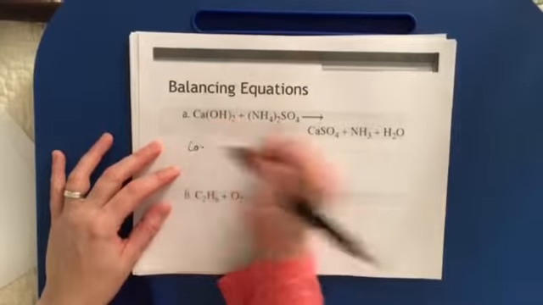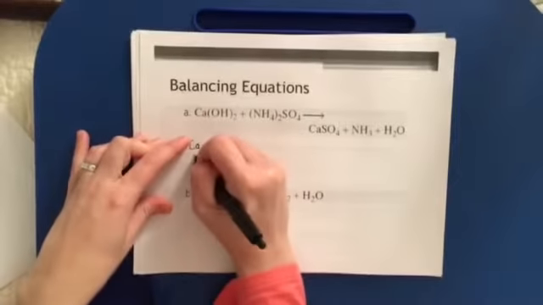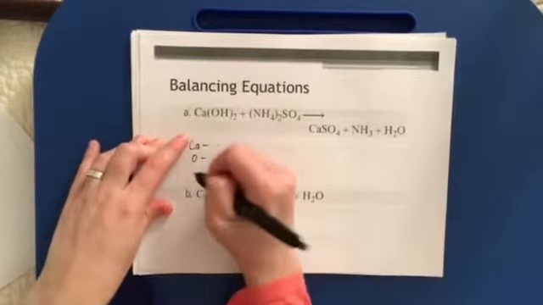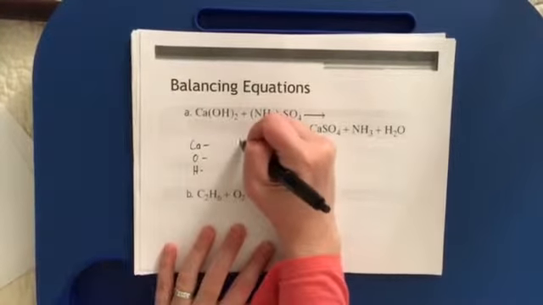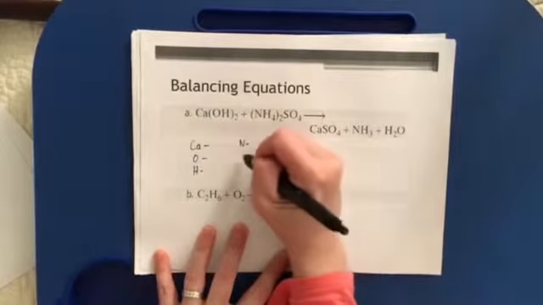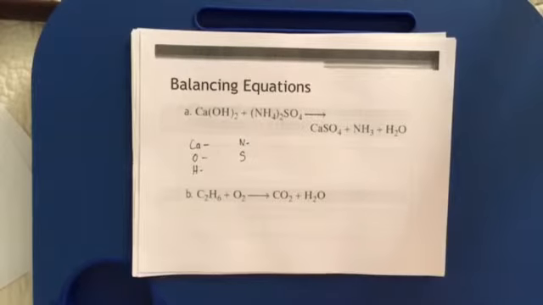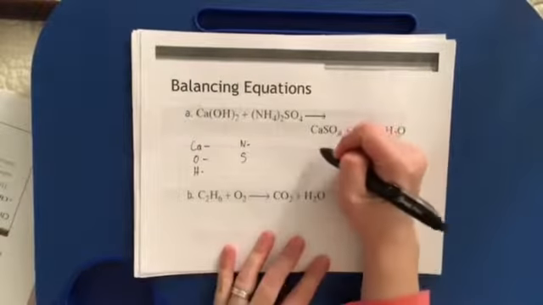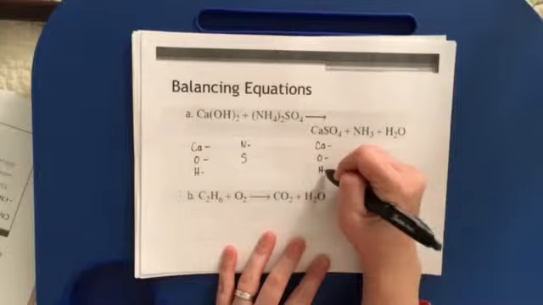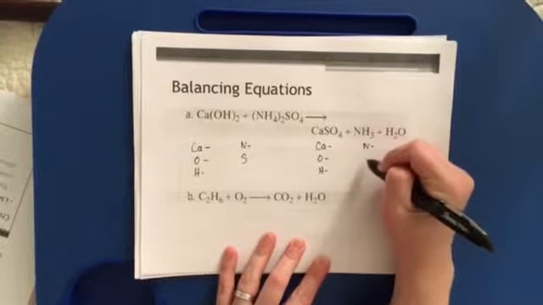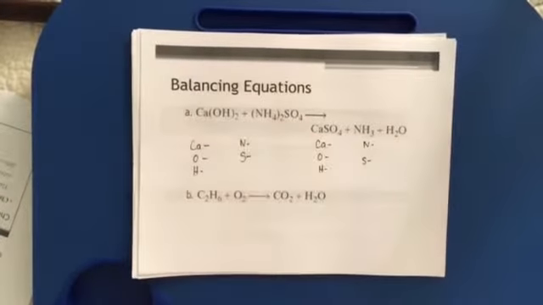So we have calcium, we've got oxygen, we've got hydrogen, we've got nitrogen, and we've got sulfur. And then over here, we also have the same thing. So we have same elements on each side.